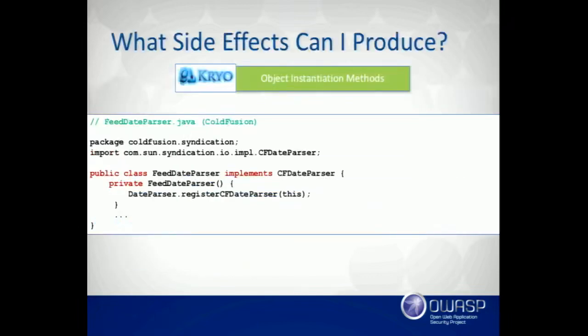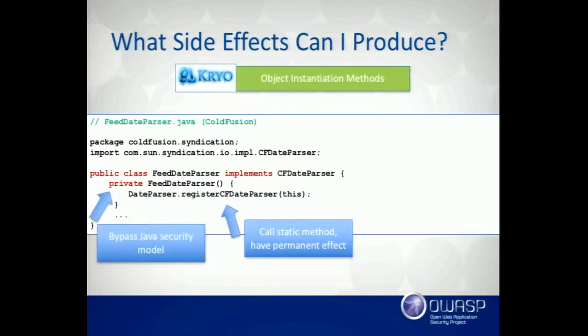Here's an example of that, and it's from ColdFusion, which under the hood is really just Java. The constructor for this type calls a static method and registers the new instance of it as a kind of singleton to be used statically throughout the application. What's interesting here is this is a private method, so we've bypassed the security, the developer's intent.